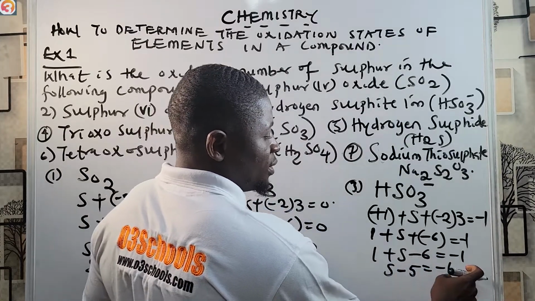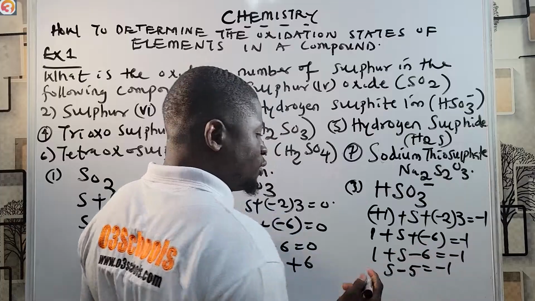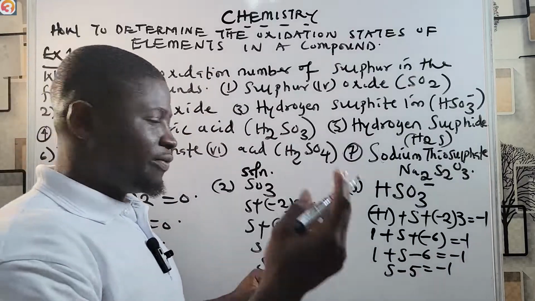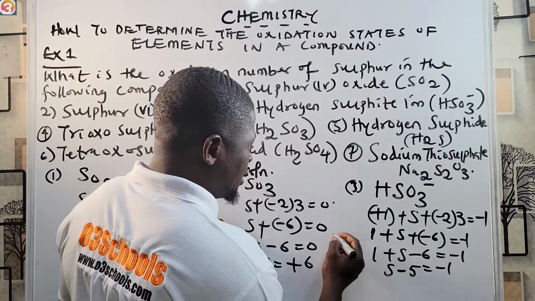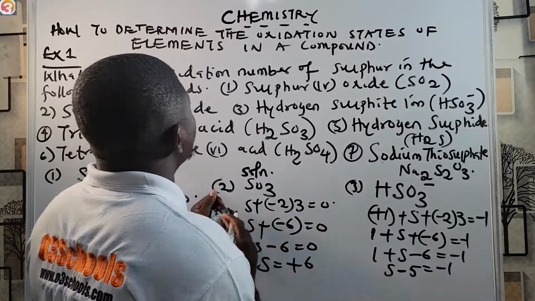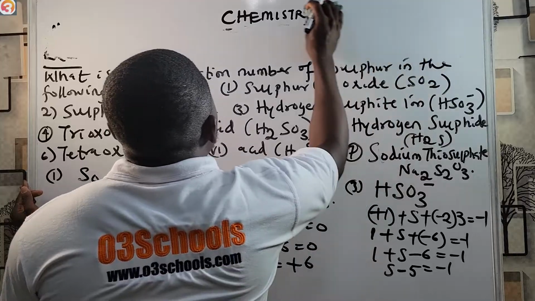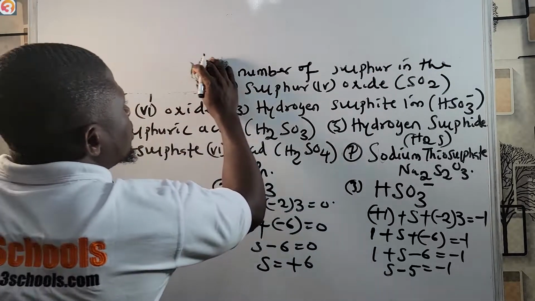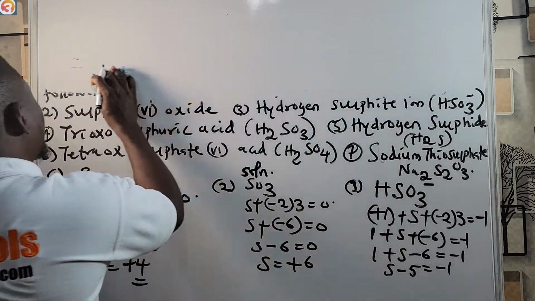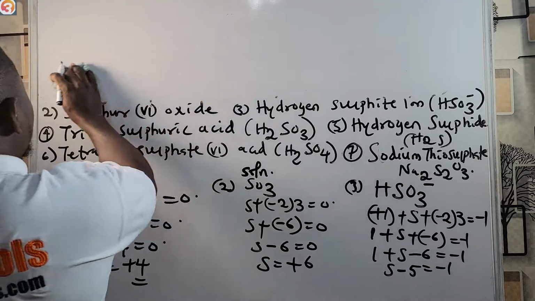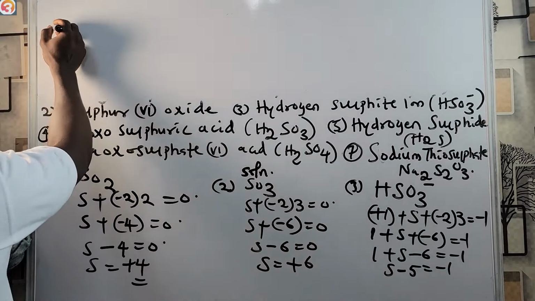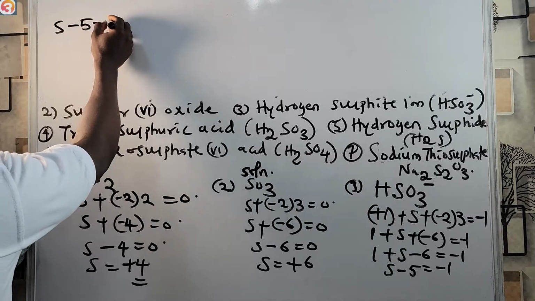So -5 will come to this side. The -5 is crossing to the other side, so it turns to +5. Let us bring it here so that you see it clearly. Okay, so if I bring it down here, I'm going to have S minus 5 is equal to -1.